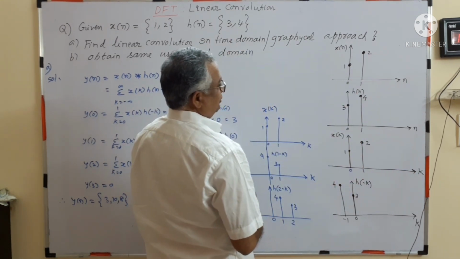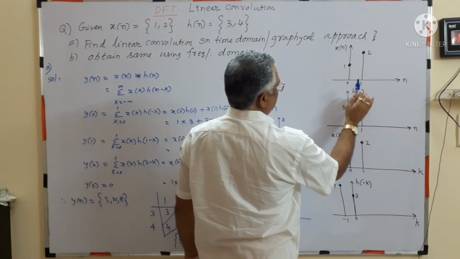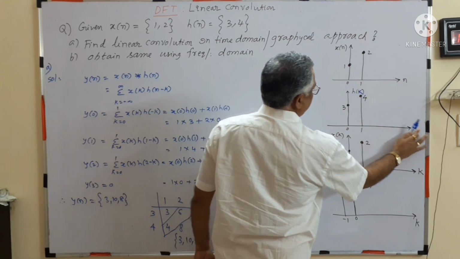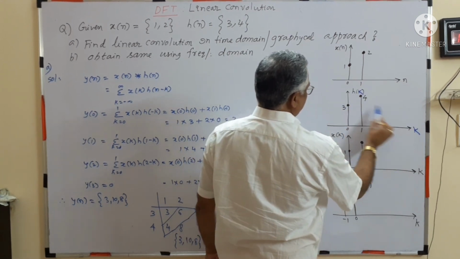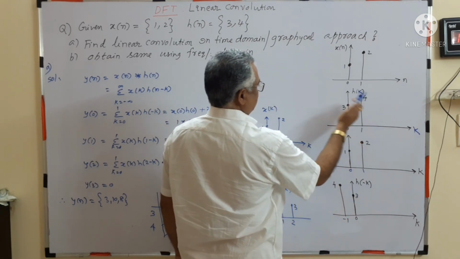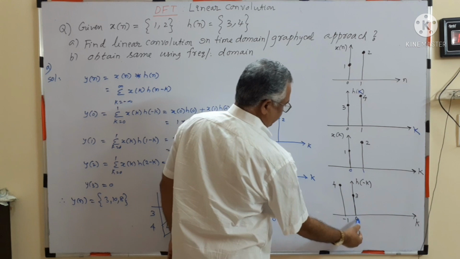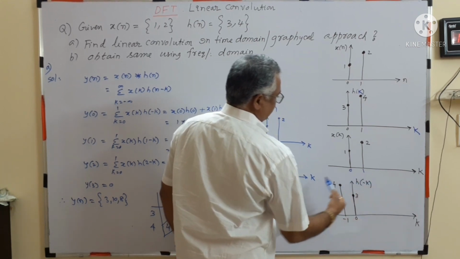Then h of k: h of n changed to h of k, just the variable. Then go for h of minus k. What is minus k? The folded version. So at minus 1 it is 4, at 0 it is 3. This is h of minus k.